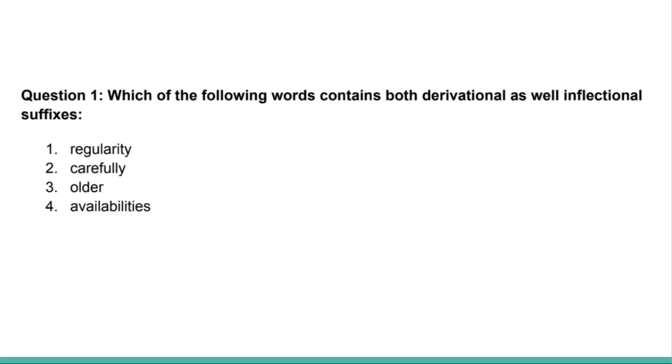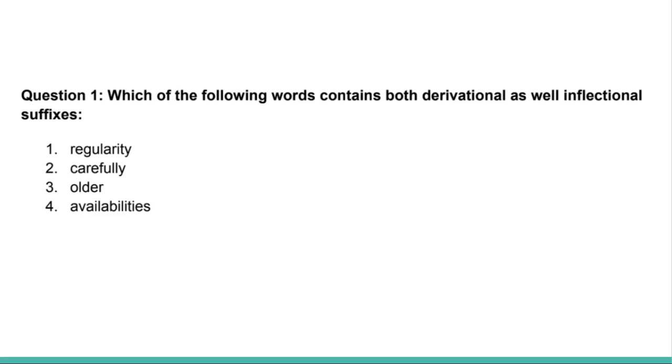Finally, we can add es, which is the plural marker, so we go from availability to availabilities. So we're getting the plural word form. So here es would be the inflectional suffix. So this word availabilities has both derivational suffix as well as inflectional suffix.